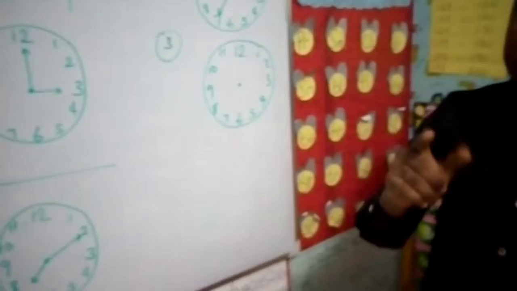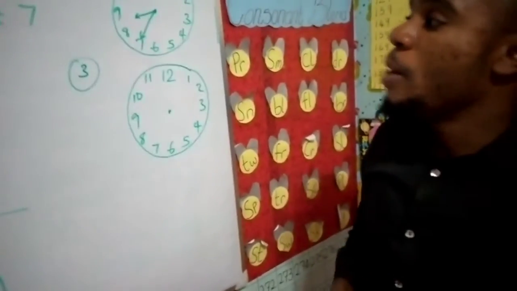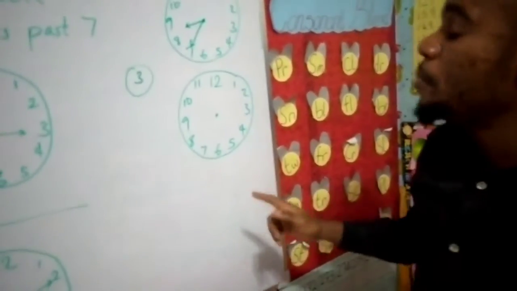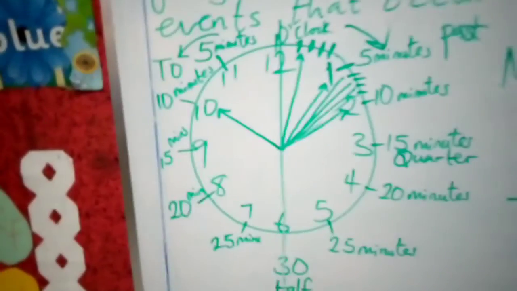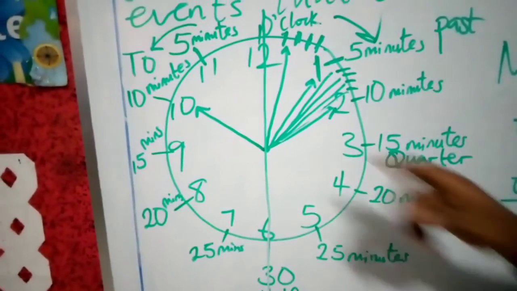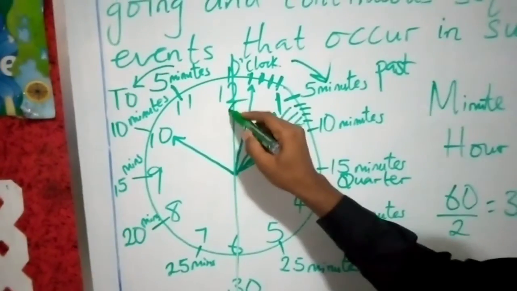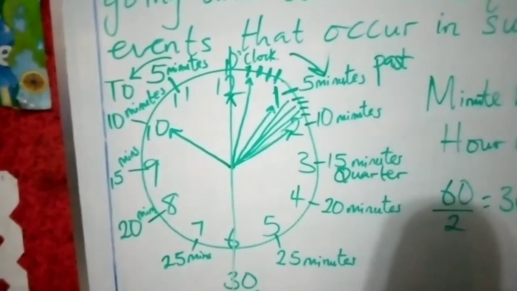Your minute hand first before your hour hand. Now let's see our minute hand. Remember we said whenever our minute hand points at 12, it is o'clock. Minute hand, not hour hand, whenever the minute hand points at 12, it is o'clock.